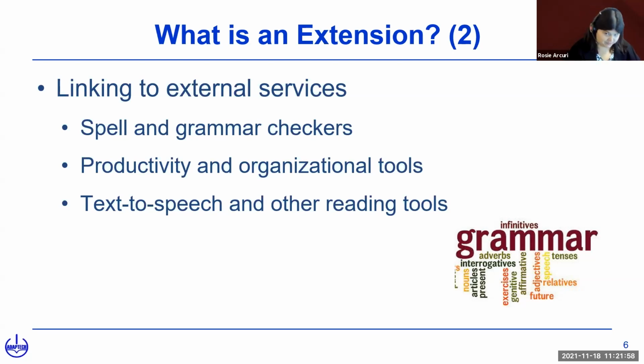So for example, text-to-speech, Grammarly, Todoist, a lot of the bigger names that we already know, those are add-ons that you would normally have to go to a website to access, and now you can access with a few clicks.